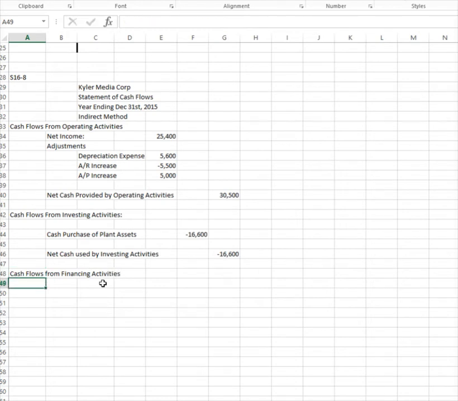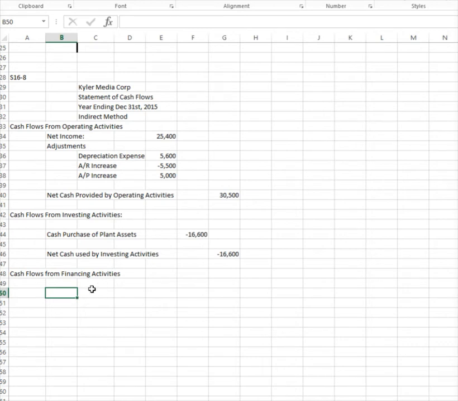Okay, and we need to look back and determine what cash flows existed there. So if you take a look at the stockholders' equity section of the comparative balance sheets, you can see that common stock went from $17,000 in 2014 to $22,000 in 2015 for an increase of $5,000 worth of common stock issued.